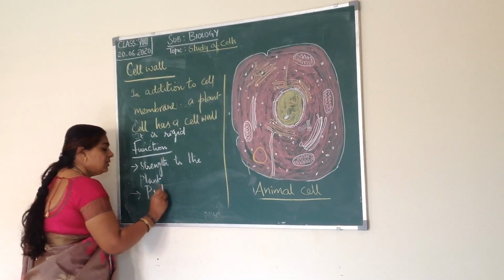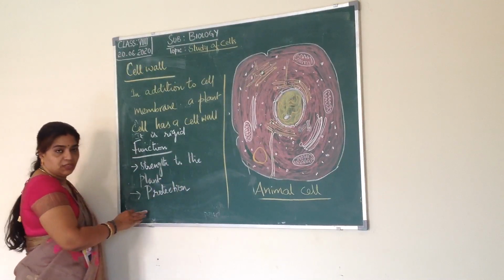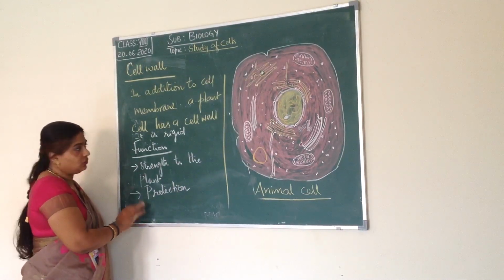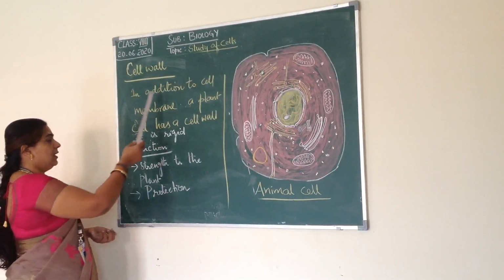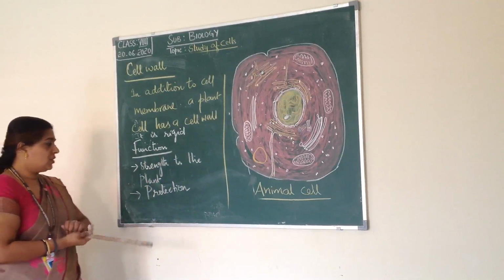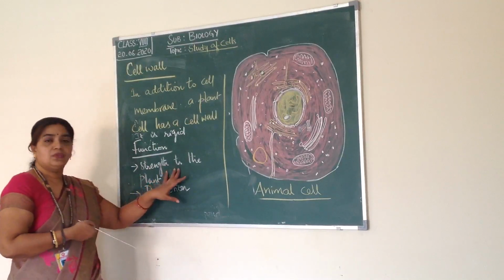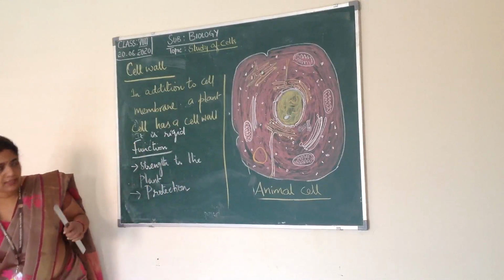It gives protection and it gives strength to the plant cell. So that's the function of the cell wall. The cell wall is rigid, so it provides protection as well as strength to the plant. So the cell wall is present only in the plant cell.